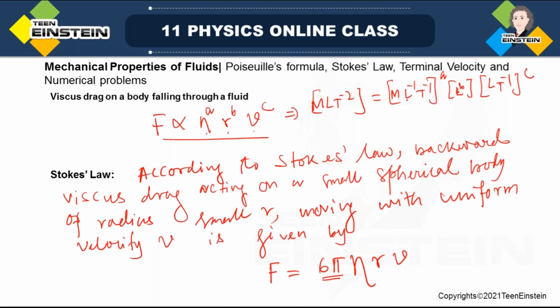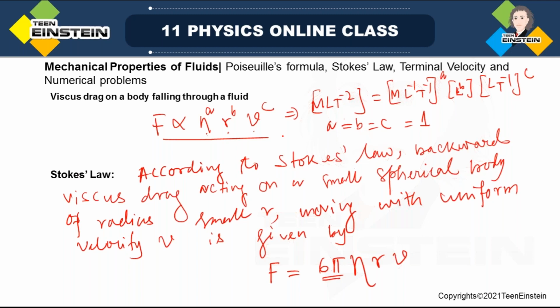Now if you take the powers of M, L and T from both sides and equate them, you will see that a equal to b equal to c equal to 1. And the proportionality constant is 6 pi. That's why you get 6 pi eta r v. So this is Stokes law, and this is how you have to derive it.